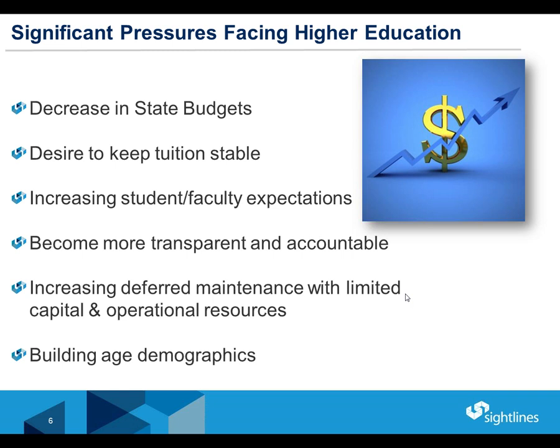We're seeing significant changes, the percentage of space over 25 years old growing, and in many states, the percentage of space over 50 years old growing in many campuses, where campuses are just getting older, even though people have not had the resources to reset the clock on buildings and change the age profile.